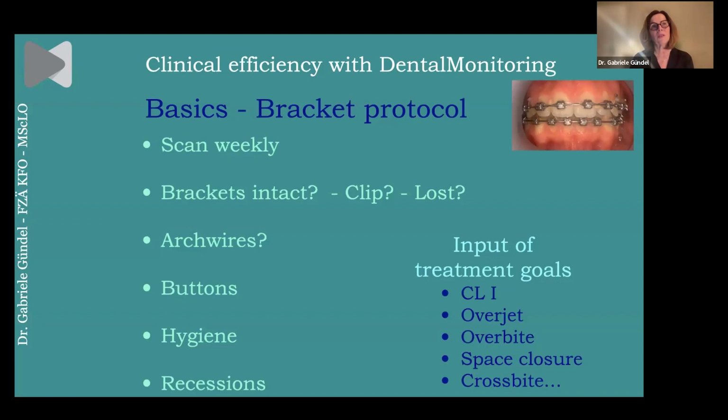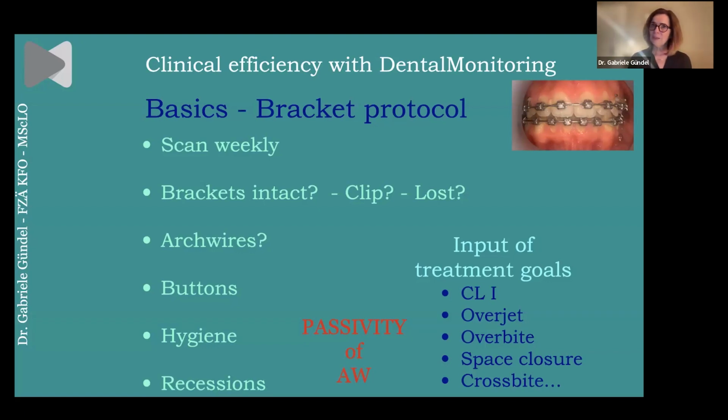Also here, you can define a lot of treatments, but, and this is a very main point of the webinar today, what is, in my opinion, the most important point is, when are the arch wires passive? Every arch wire in every system should be passive before you change your arch wire. Nobody knew before when an arch wire is passive.